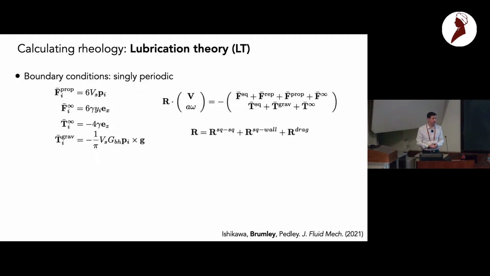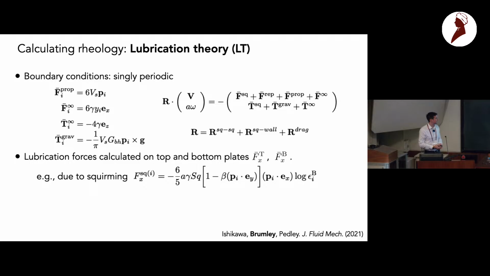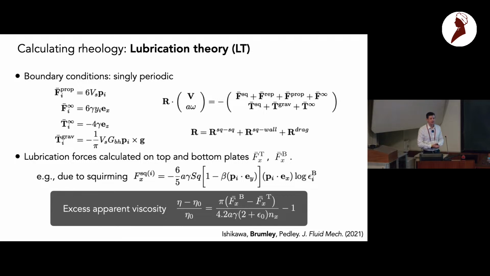Low Reynolds number hydrodynamics tells us that they must be force and torque free overall, so their swimming speeds must balance all of these to give rise to a zero net force and torque. So if you go through all of this trouble, you can eventually, in these calculations, work out what the force on the top and bottom plates are, and therefore effectively measure the viscosity of this suspension.